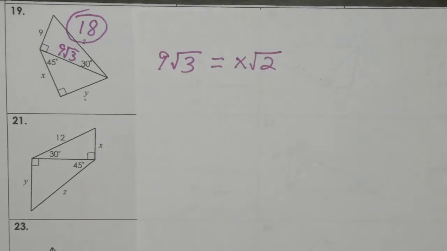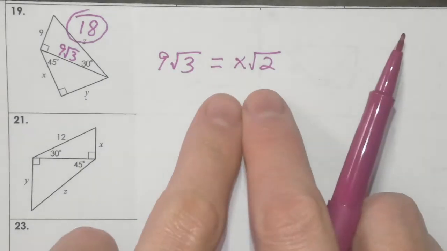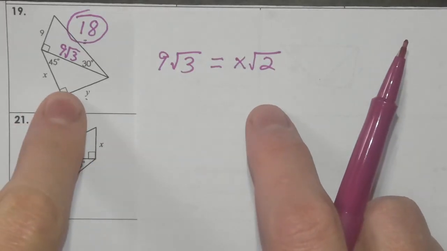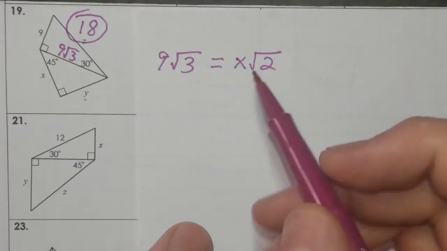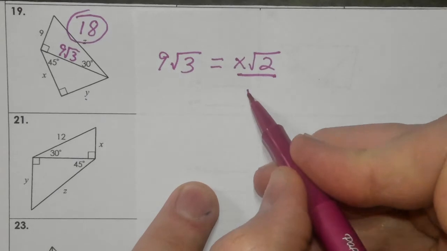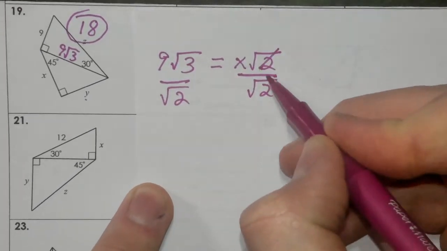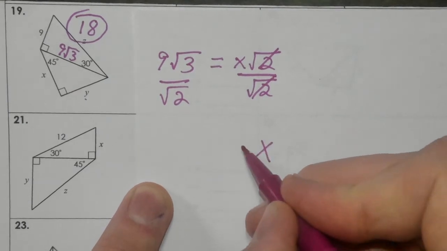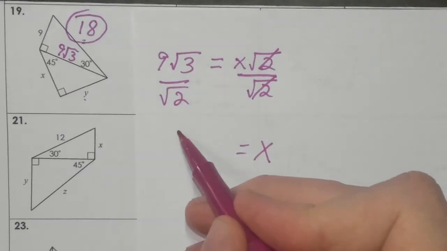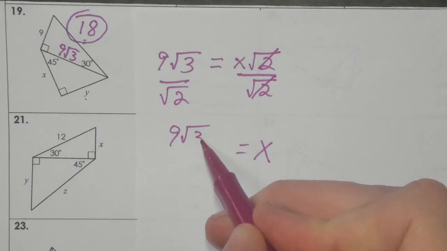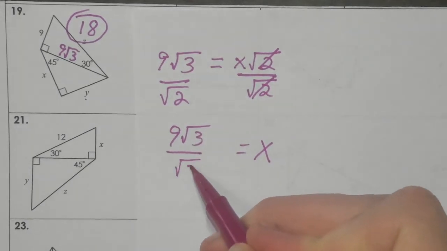I want to solve this for x, because if I get x by itself in a 45, 45, 90, that represents the leg. So I'm going to start by dividing both sides by the square root of 2. These cancel. Good news, I have x by itself. But look at this: 9 square root of 3 over the square root of 2.